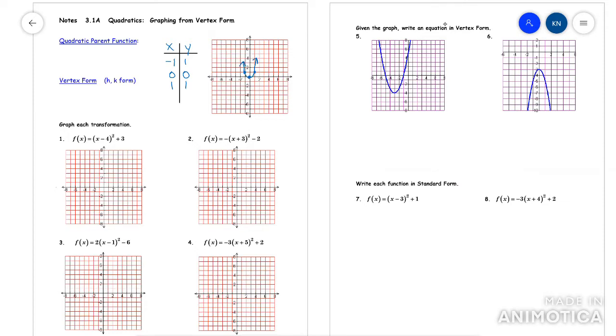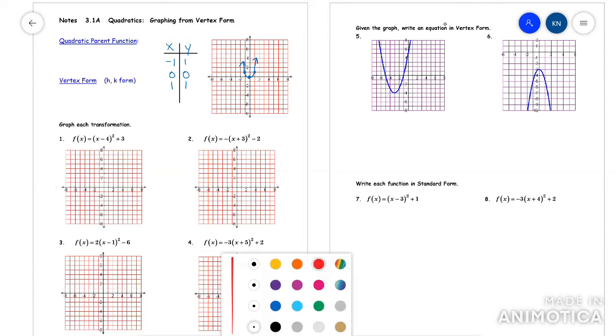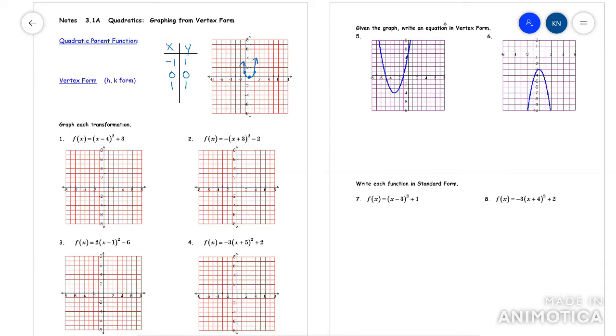So it looks something like that. That's not my best drawing, but that's okay. But the important takeaway here is these coordinates right here are what I'm going to be using to graph these later problems. And in terms of the actual vertex of this thing, it's this middle coordinate. So let's go ahead and look at some examples.